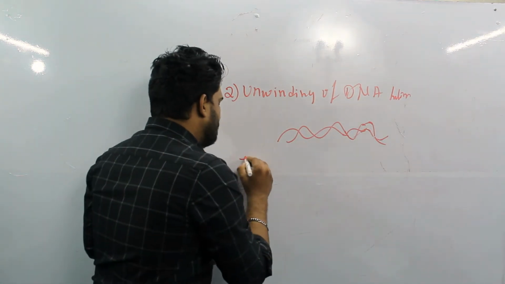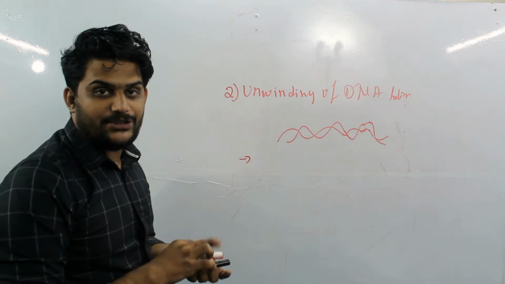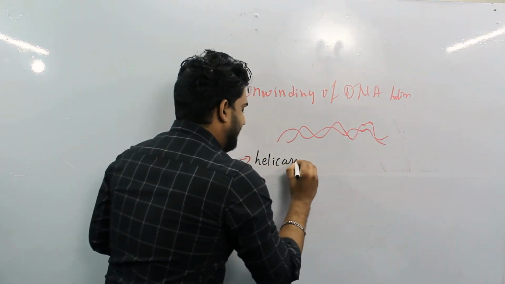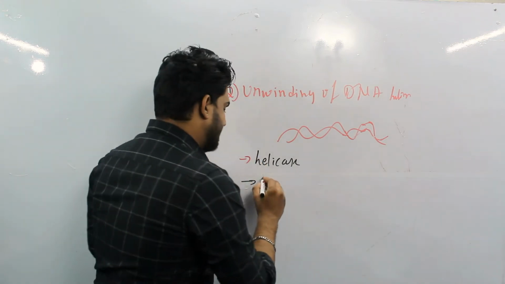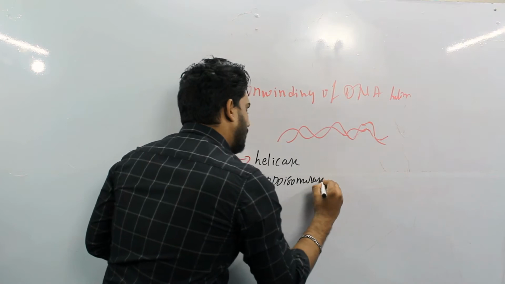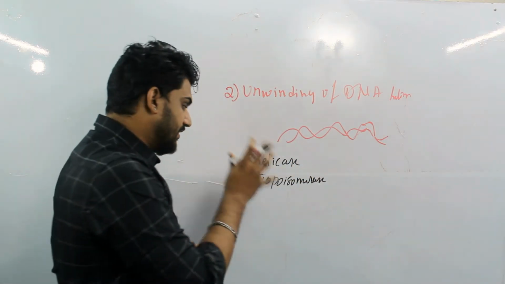Here two important enzymes are going to act to unwind it. One is helicase, and the second one is topoisomerase. And you already know the functions of these two.